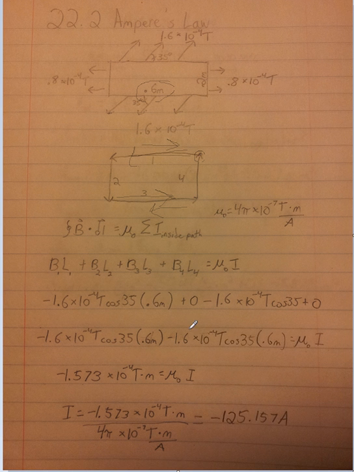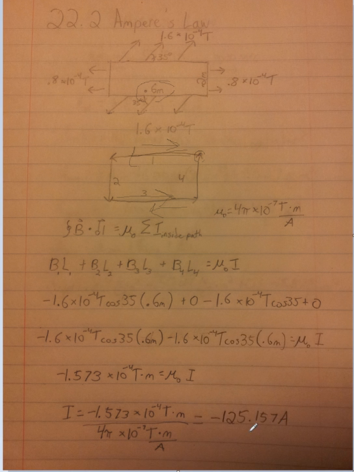As we perform the calculations, we get negative 1.573 times 10 to the negative 4th Tesla meter equals mu naught times the total current. If we divide the left side by mu naught, we get negative 1.573 times 10 to the negative 4th Tesla meter over 4 pi times 10 to the negative 7th Tesla meter per amp, which equals negative 125.157 amps, which is the correct unit for current.